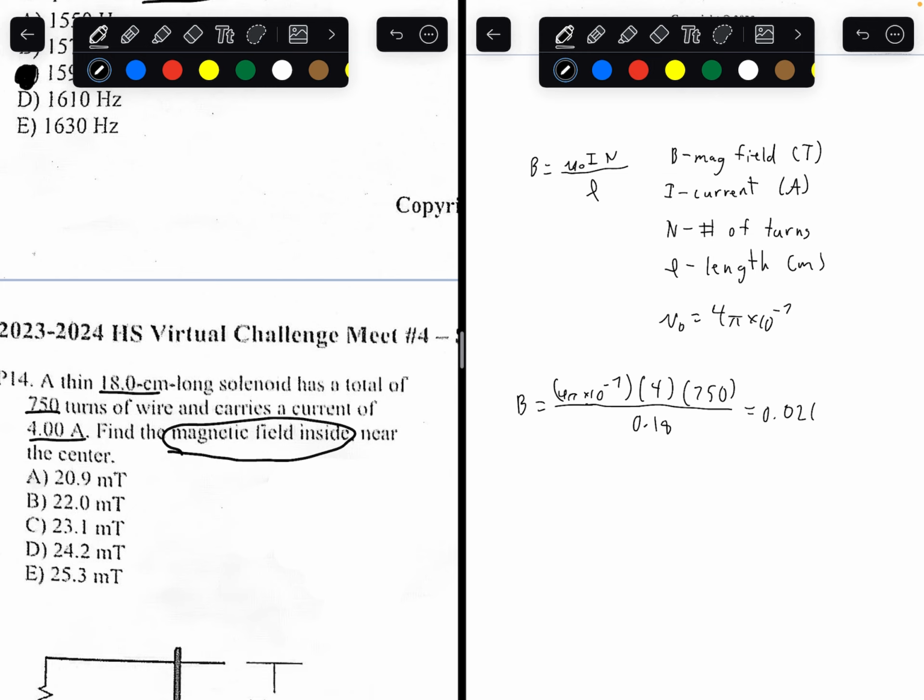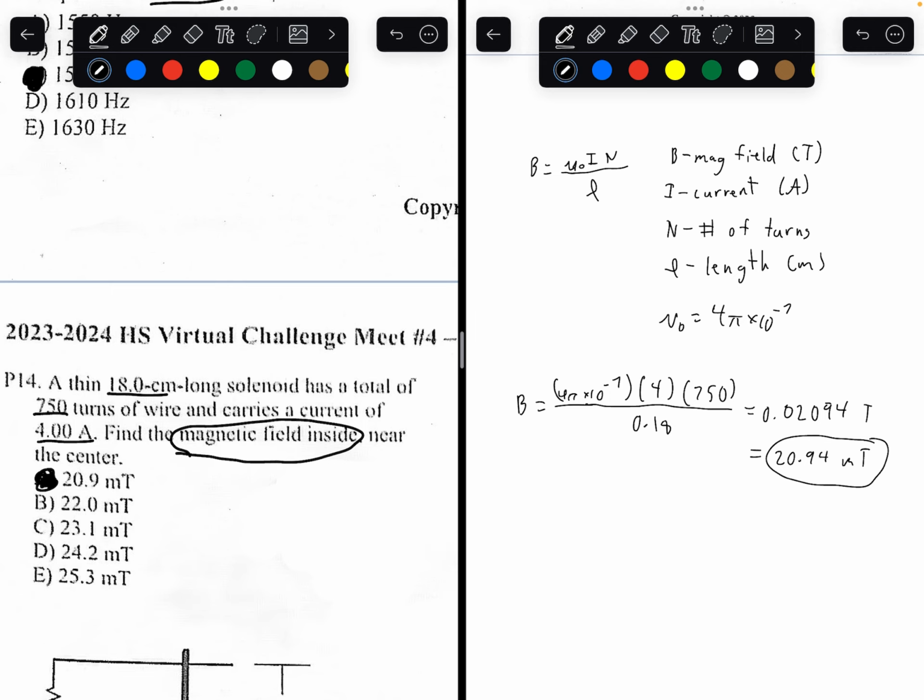Actually, I'll write that as 0.02094 teslas. So that would also equal 20.94 milliteslas. So the answer to this question is 20.94, or rounds up to 20.9. So the answer of P12 is going to be 20.9.